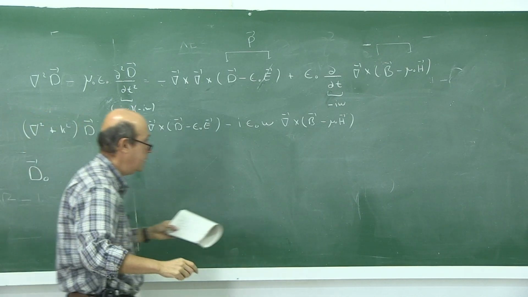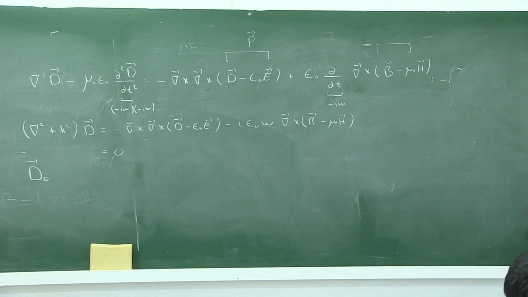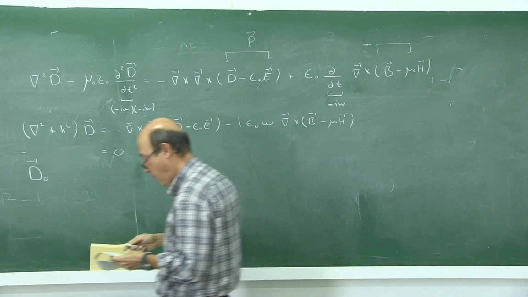If there are no scatterers in the medium, you will have some D0.